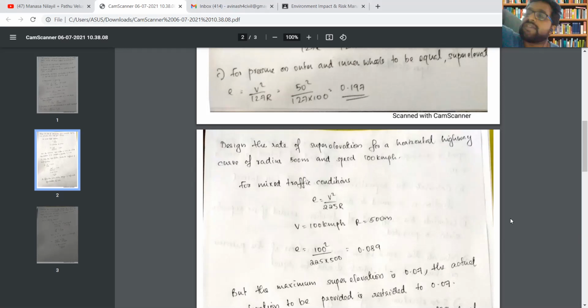So in this question, you have to notice that this is a case of mixed traffic. On a highway, vehicles of all types will be present. It will not be reserved for one particular kind of vehicle.